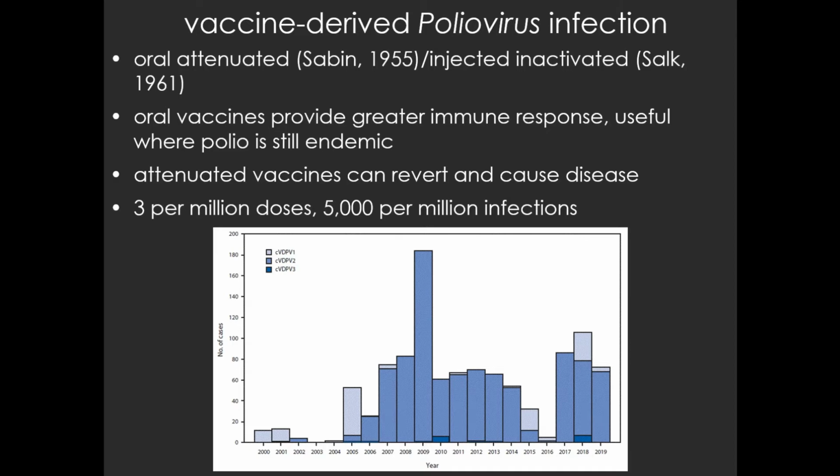So this is not without its dangers, but obviously 3 per million as opposed to 5,000 per million means that you have a much lower odds of getting sick from the poliovirus vaccine than from the poliovirus itself.